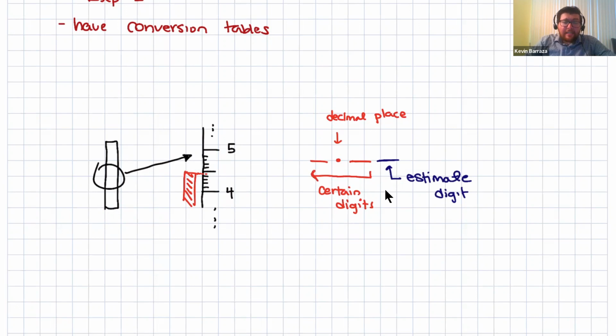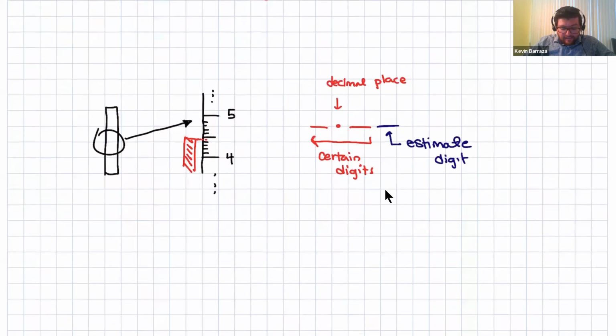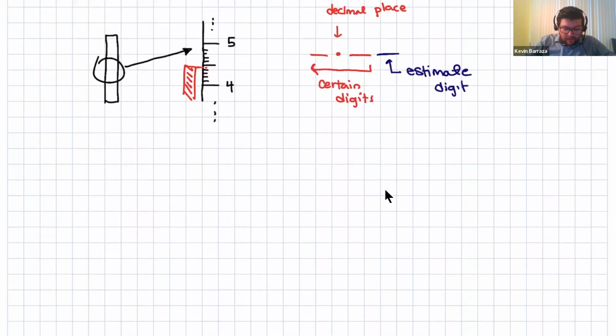So that's the first thing. The second thing is to be careful about when we are measuring something that is on the line, because that's the next kind of tricky part that students have. What I mean by that is, what if the object that I was measuring the length of, I felt like we were right on the line.